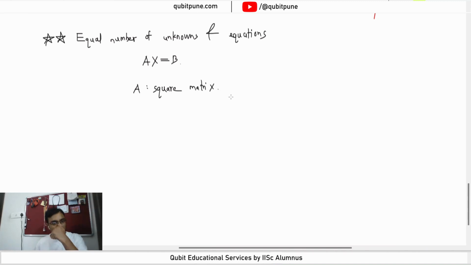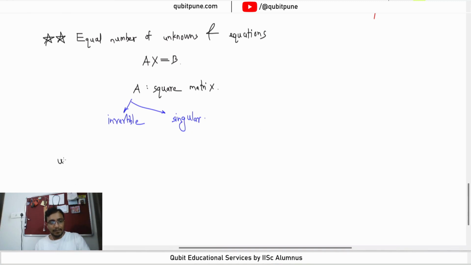Now for this square matrix, there are two possibilities. Either it is invertible or it is singular.